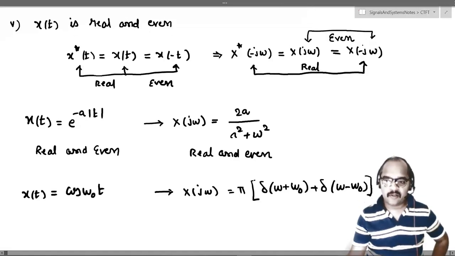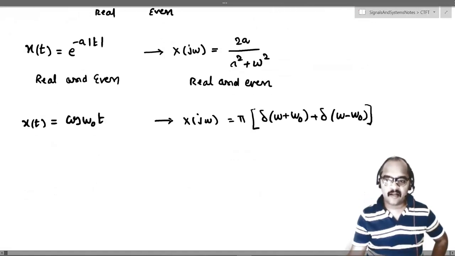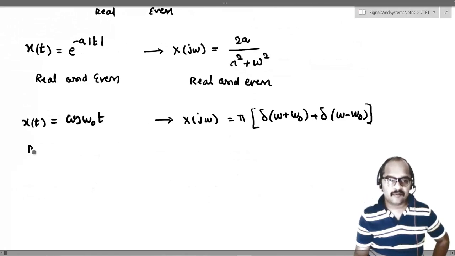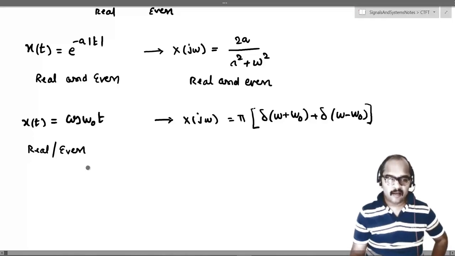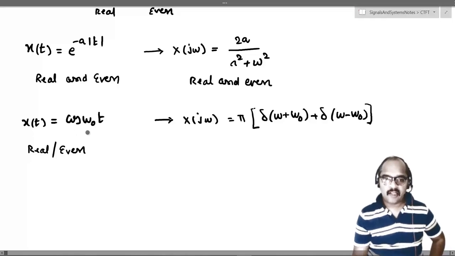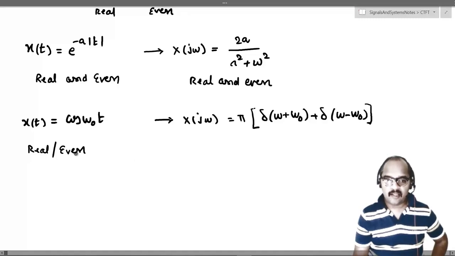So what is it that you observe? You observe that our signal x of t is real, correct? If you take the conjugation of x of t, you get x of t back, and if you replace t with minus t, again you get x of t back, and hence the given signal x of t equal to cos omega naught t is real and even.